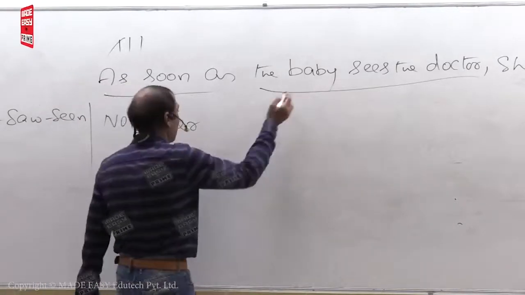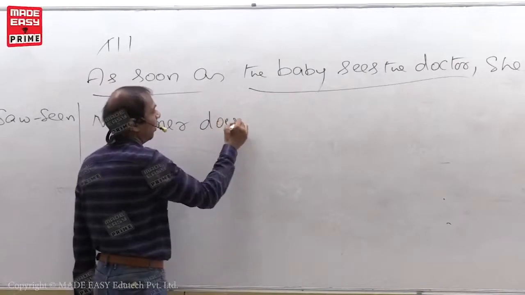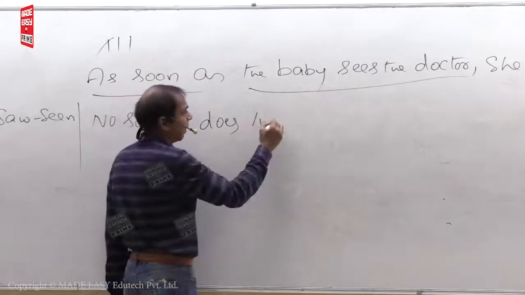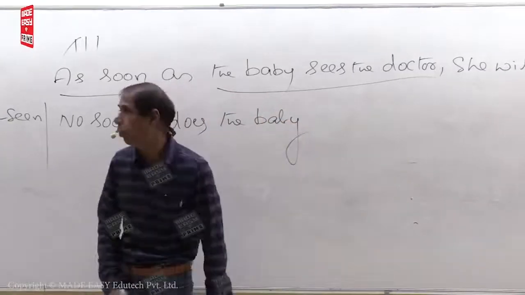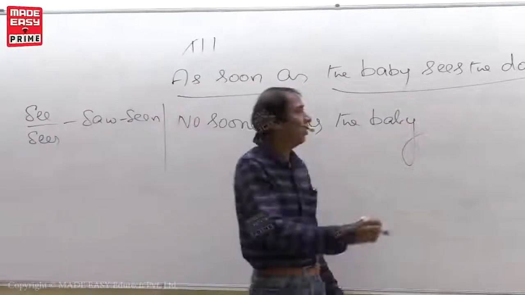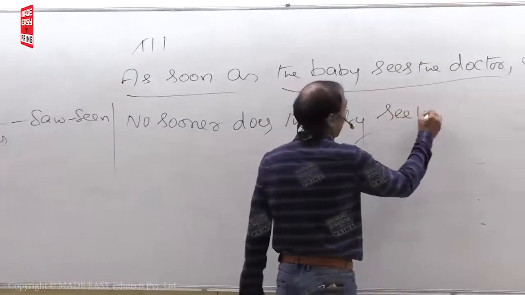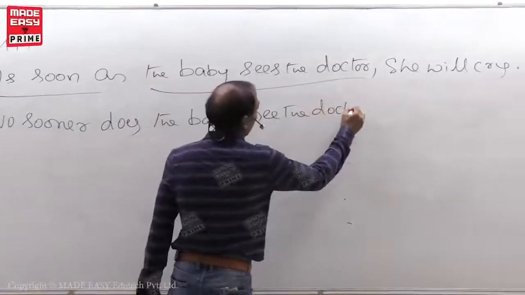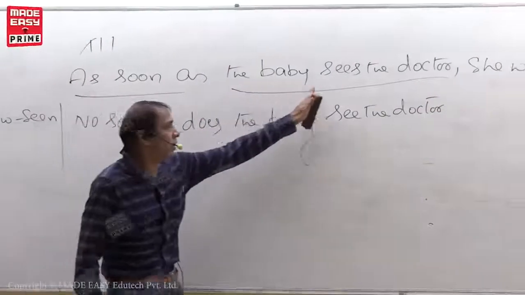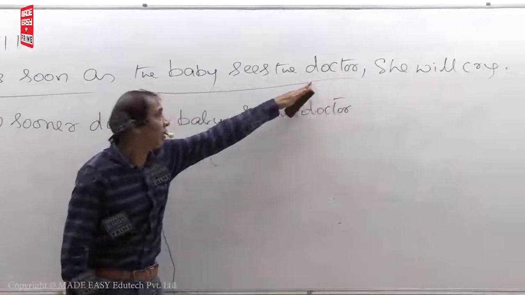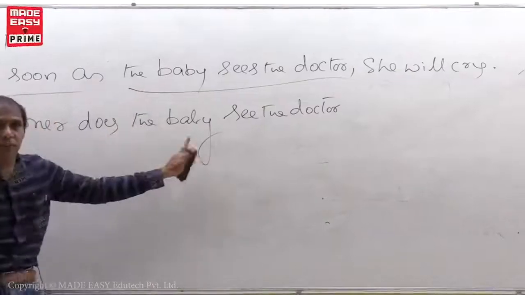Present tense with s, so you have to borrow does. Does the baby. Whatever you borrow, put the root verb. I told you. See the doctor. No sooner does the baby see the doctor. We have changed this part into interrogative form like this.